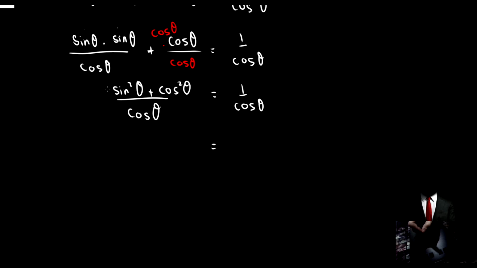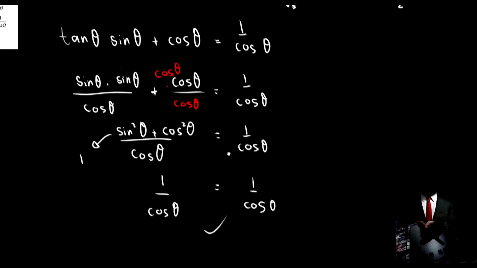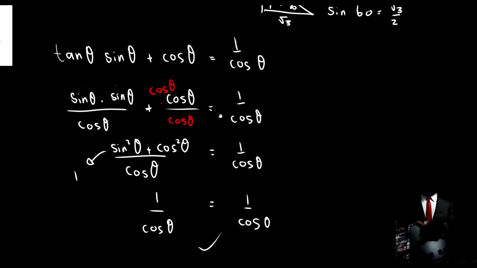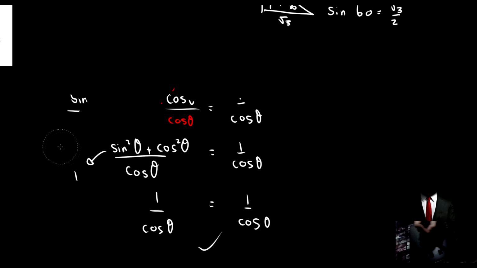Well, in this case, we have sine squared theta plus cosine squared theta, which we know through our Pythagorean identity is 1 over cosine theta, because this one changes to a 1. We've proven that earlier. So then we have 1 over cosine theta. So this in fact is true, that tangent theta times sine theta plus cosine theta is equal to 1 over cosine theta. Okay, not bad, not bad.